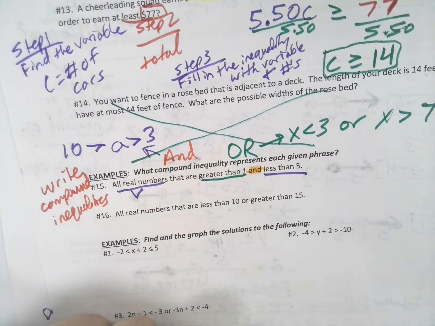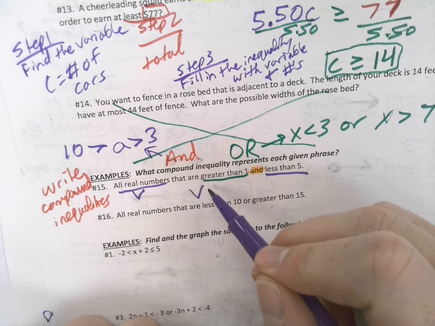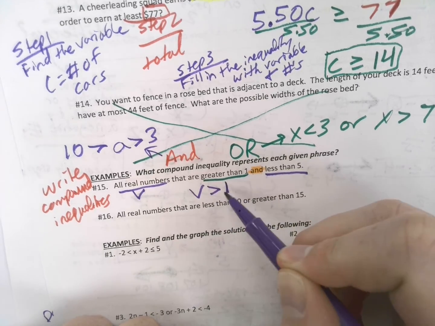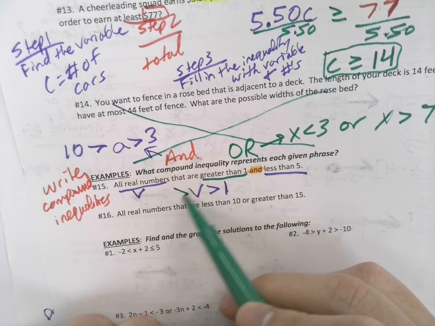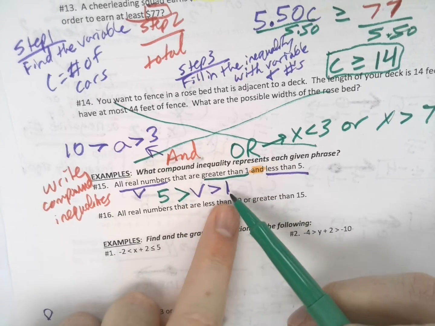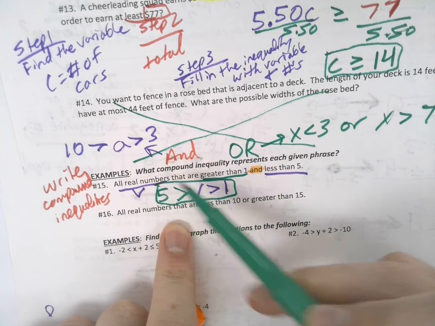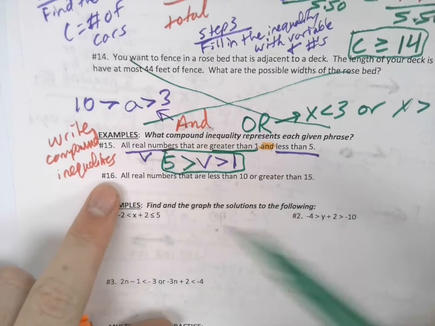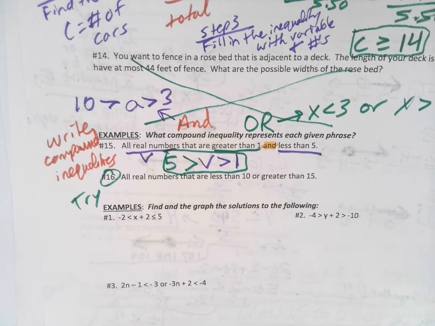Okay, so we've got V, and we're told V is going to be greater than 1. But what else is it going to be? And less than 5. So V is greater than 1, but V is also less than 5. I'm going to let you guys try number 16 for me. See what you guys think about that one.